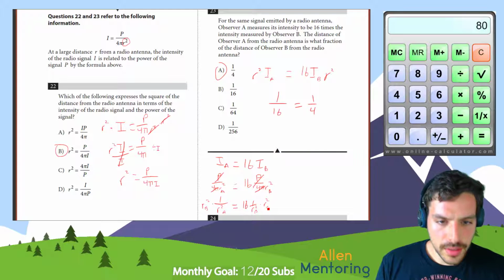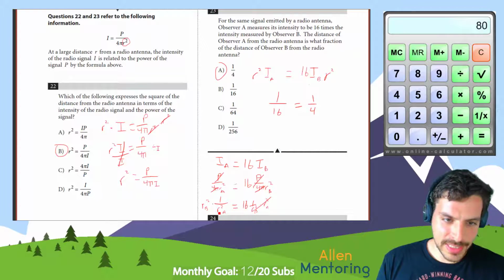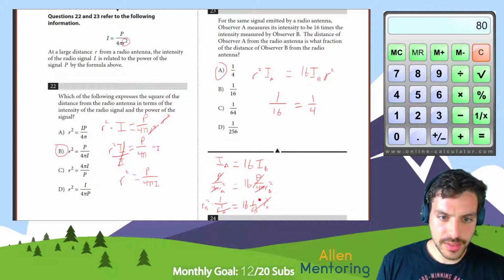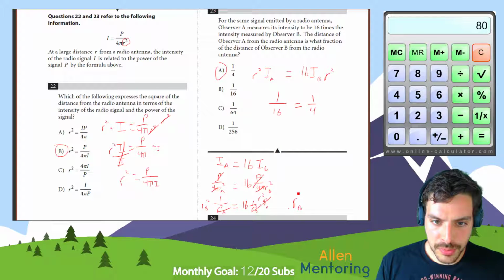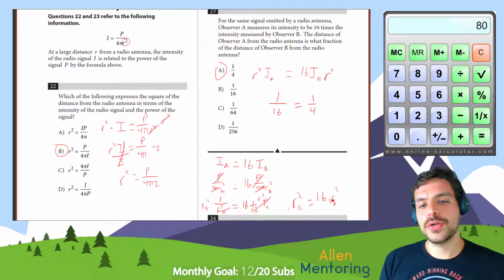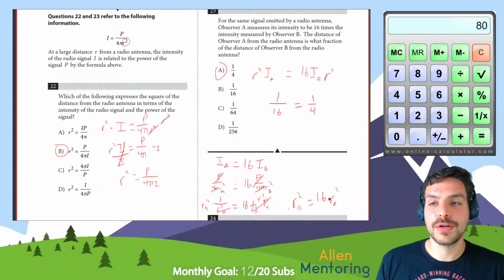Okay? On both sides, this cancels out. Okay, and then we could also multiply r squared A on both sides to get rid of this r squared. Okay, so we're multiplying r squared A on both sides. So if I rewrite that, I get r of B squared is equal to 16 r of A squared. Okay, and so now clearly here we have an inverse squared relationship.